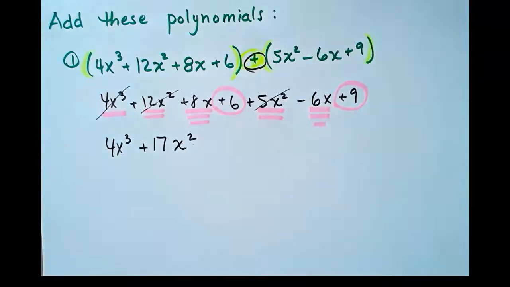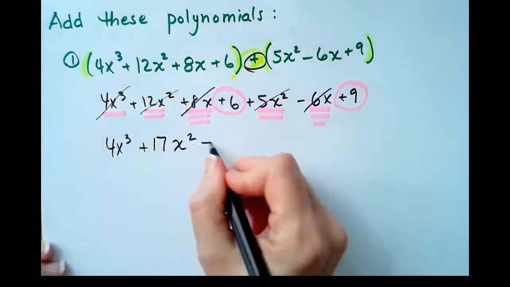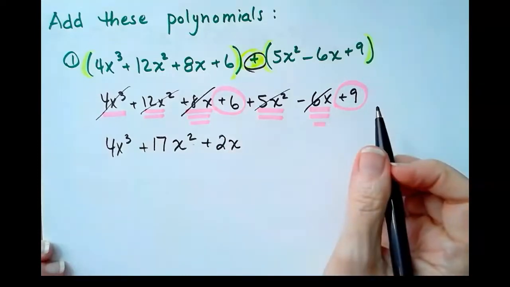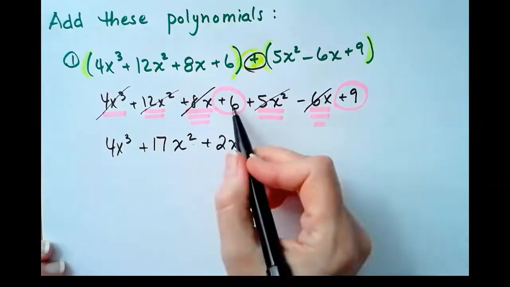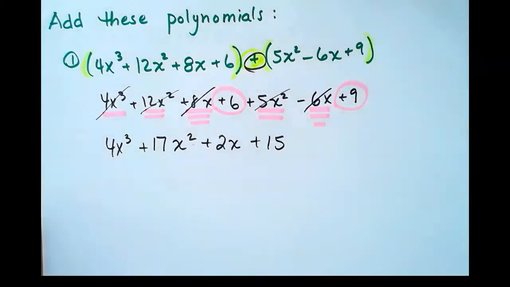I will say again, the exponents never ever change when you're adding or subtracting. Positive 8x minus 6x, that is plus 2x. And then lastly, our constants, 6 plus 9 is 15. So this is our answer in standard form, descending order.